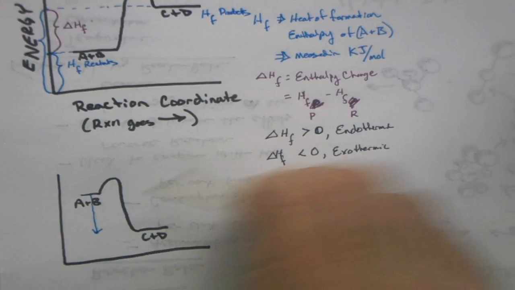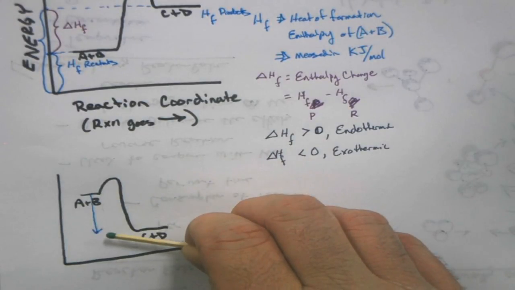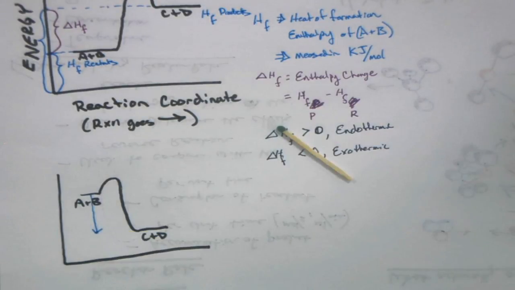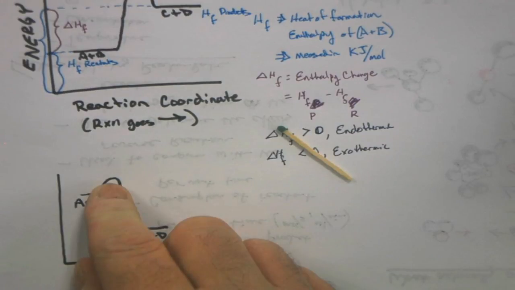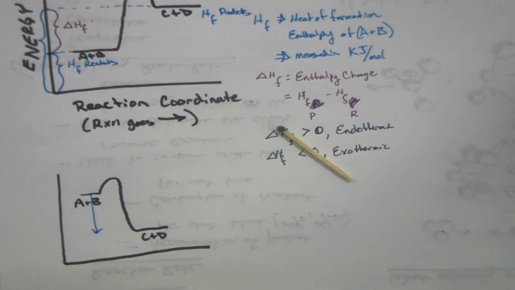So as we go from here down to here, we're going to be releasing energy. But is it reacting yet? No. What has to happen in order to get it to start reacting? We need to add a sufficient amount of energy to get the process started.